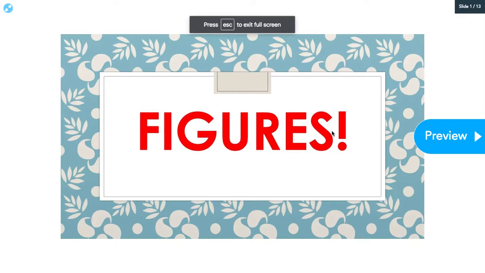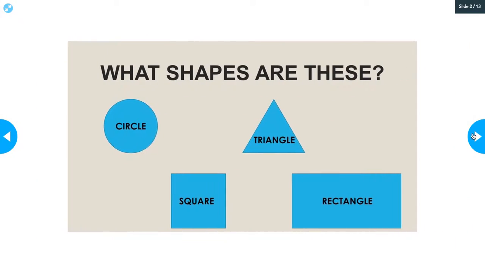So the very first slide simply states that you will be going over figures with the students. On the next slide, you have the different shapes that you will be going over with them. You are going to ask the class, what shapes are these? This is basically an open-ended question because you want to see how much the students already know.